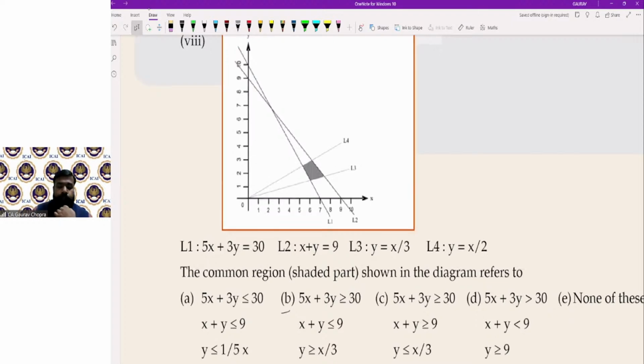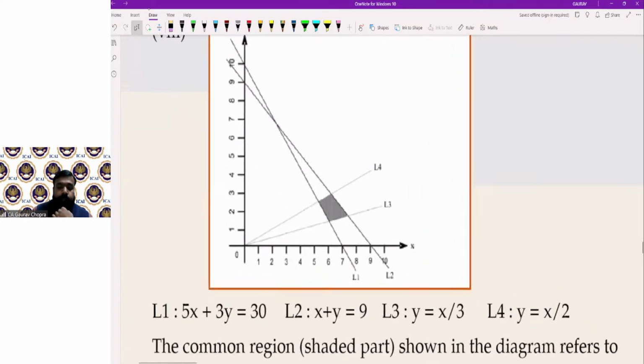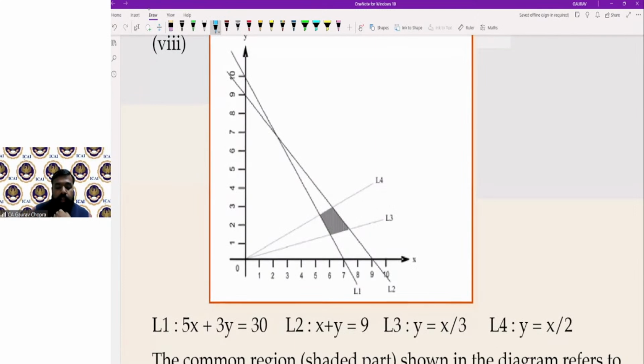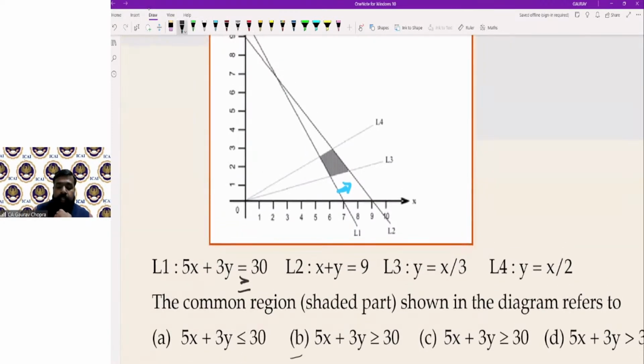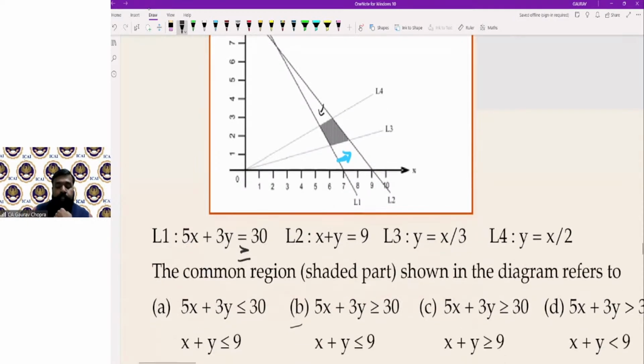So we have to judge from the lines. First see line 1. Which area of line 1 is marked? Outside region is marked. So line 1 should be greater than. The sign in front of line 1 should be greater than. Line 2's area is inside, it is inside area. So line 2 should be less than.